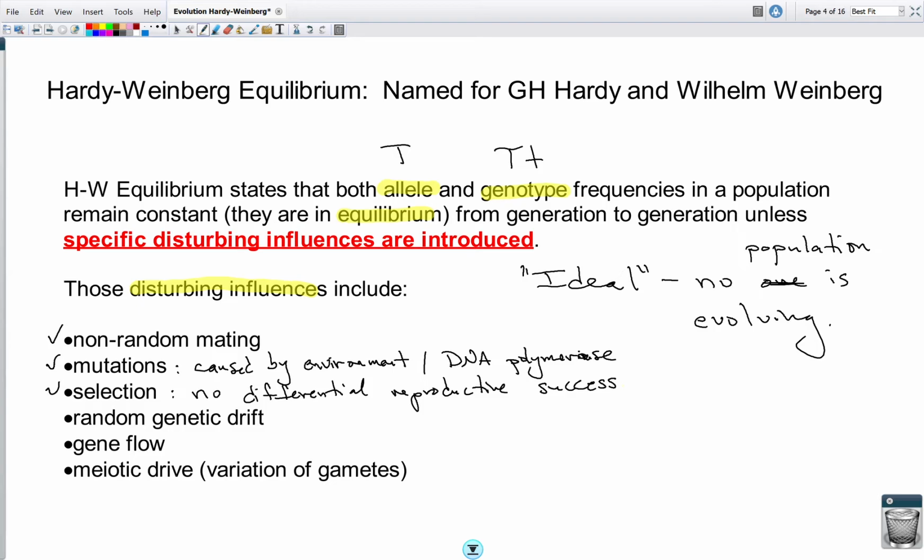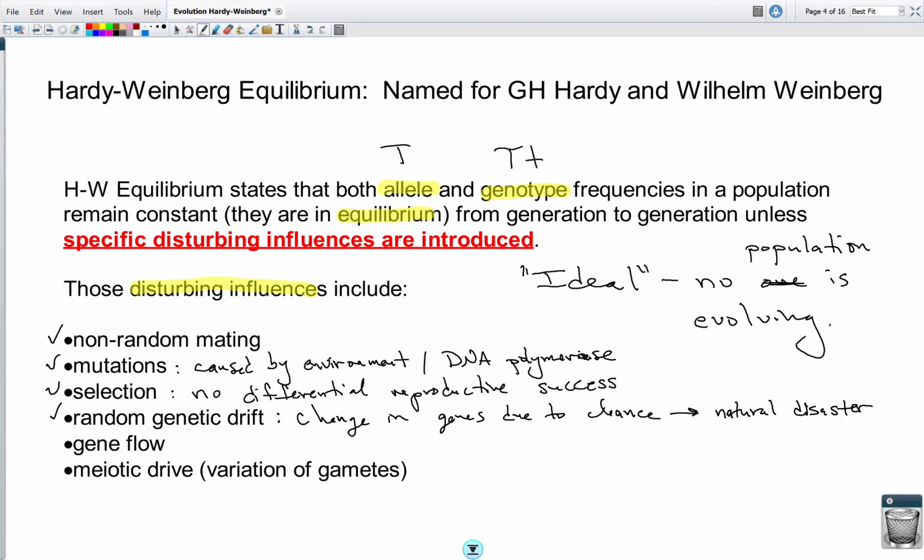Hardy-Weinberg also tries to neutralize the effect of random genetic drift. Random genetic drift is a change in genes or gene frequencies due to chance, and it usually occurs by some kind of natural disaster or some sort of density independent limiting factor, a volcano or an earthquake or an asteroid or something that just wipes everybody out.